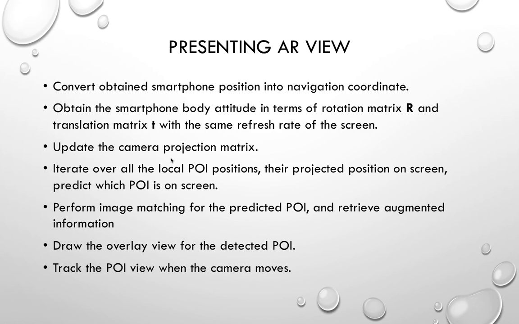If it matches, we can retrieve the augmented information related to the POI, then use OpenGL to render the overlay view for the detected POI. When your smartphone moves, you can track the POI using image matching or the inertial sensors, and the details of the process we will talk about later.